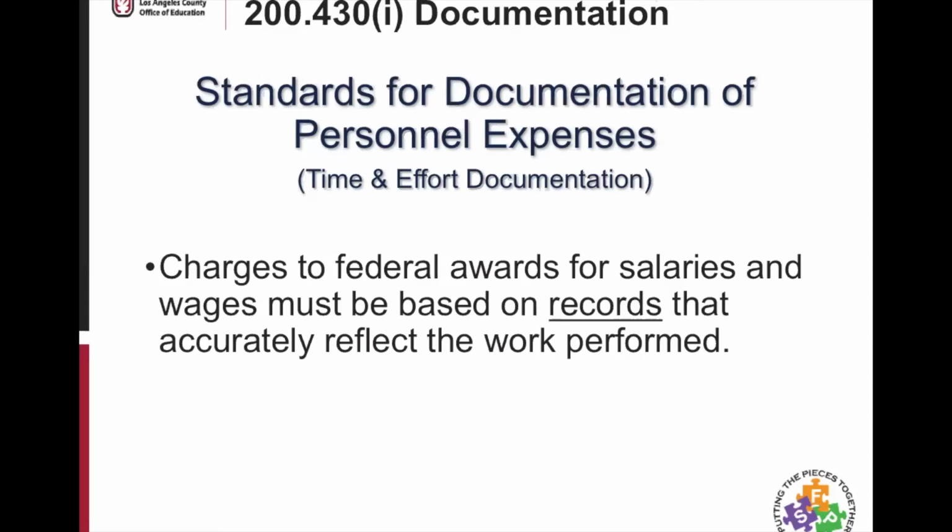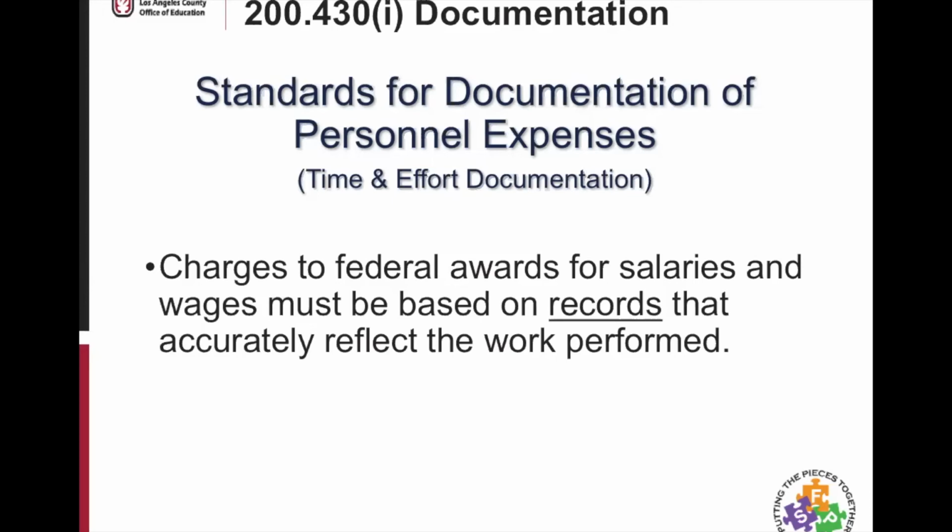Actually, I mentioned yesterday that there is a section in the cost principles called selected items of cost. And in that section is a section about personnel, I don't want to say personnel expenses.